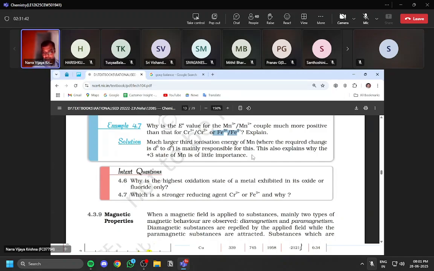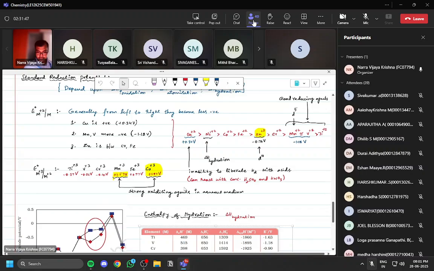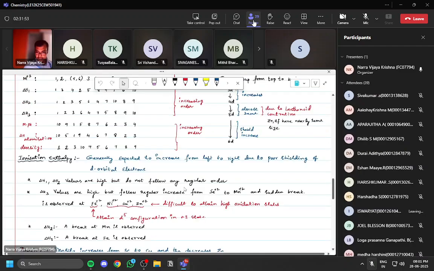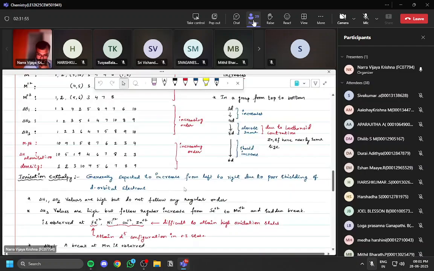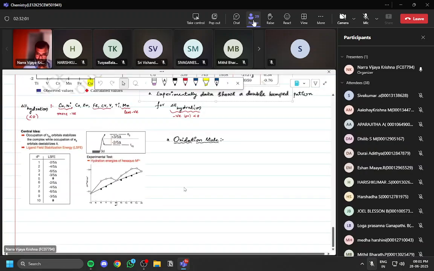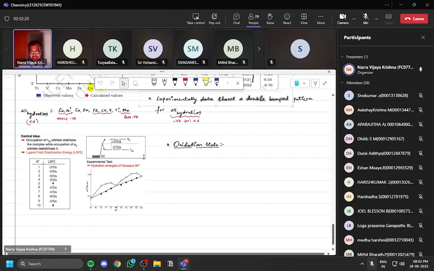We discussed that point, d5, d10. Mn+2 is in d5 state, right? So better I write the same point here again.